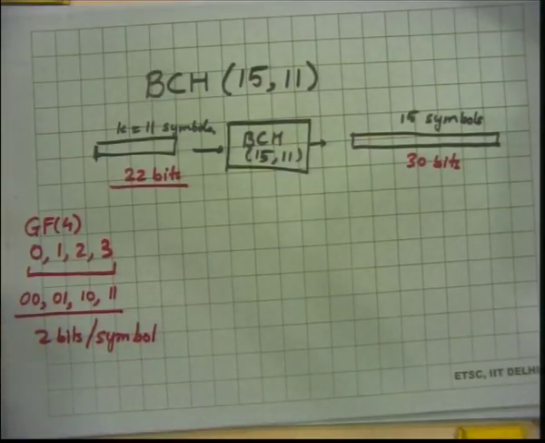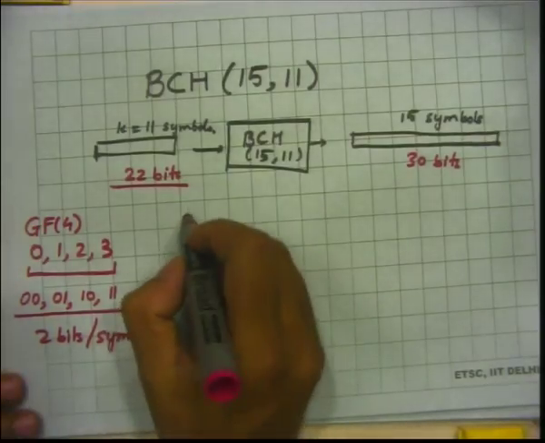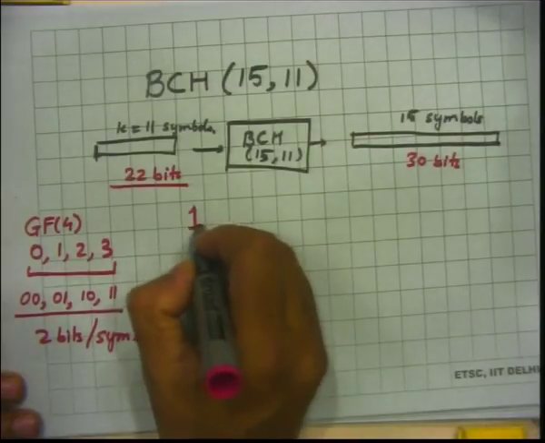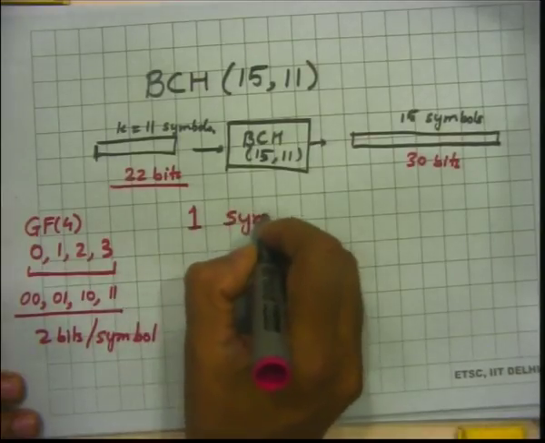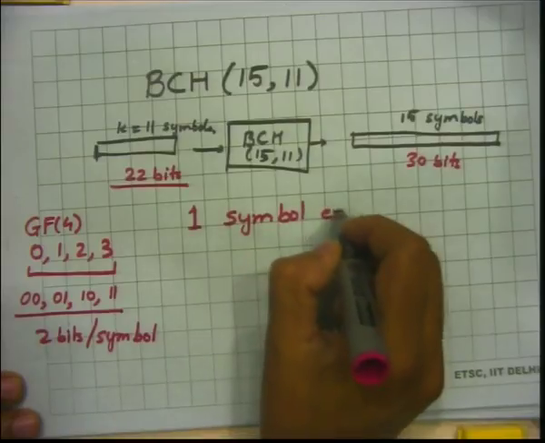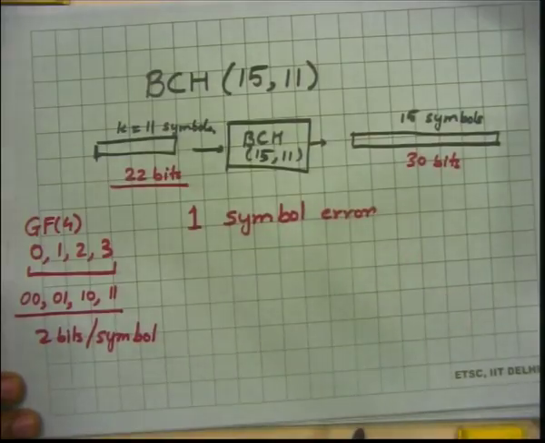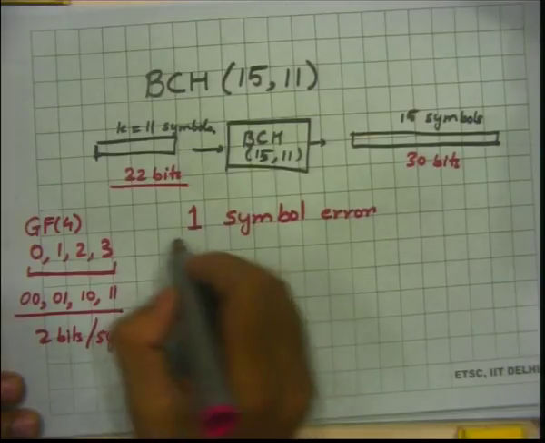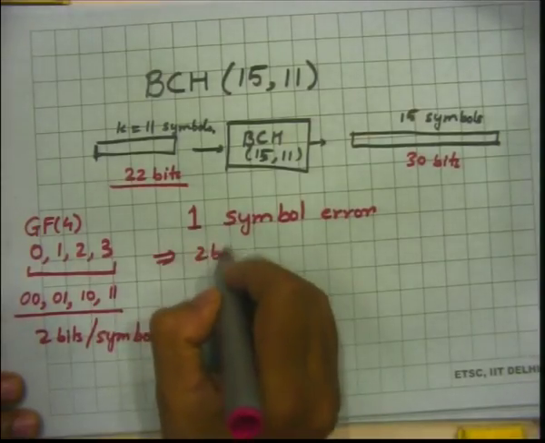So, what is the difference? It is a single symbol error correcting code. So, it corrects one symbol error, but one symbol contains 2 bits, implies 2 bits.